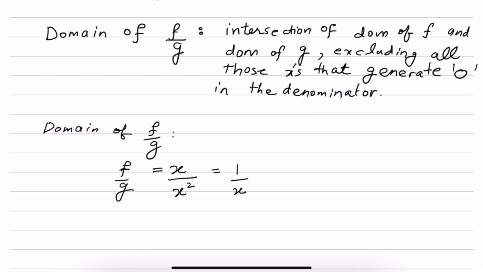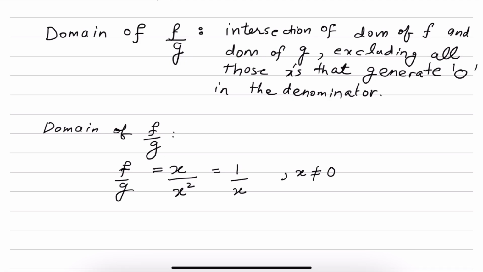So f by g is not defined at x equal to 0. The denominator is becoming 0 at x equal to 0. So that's what we meant when we said the intersection of the domain of f and the domain of g, but we will have to exclude all those x's from this intersection of the domain that are making the denominator 0.